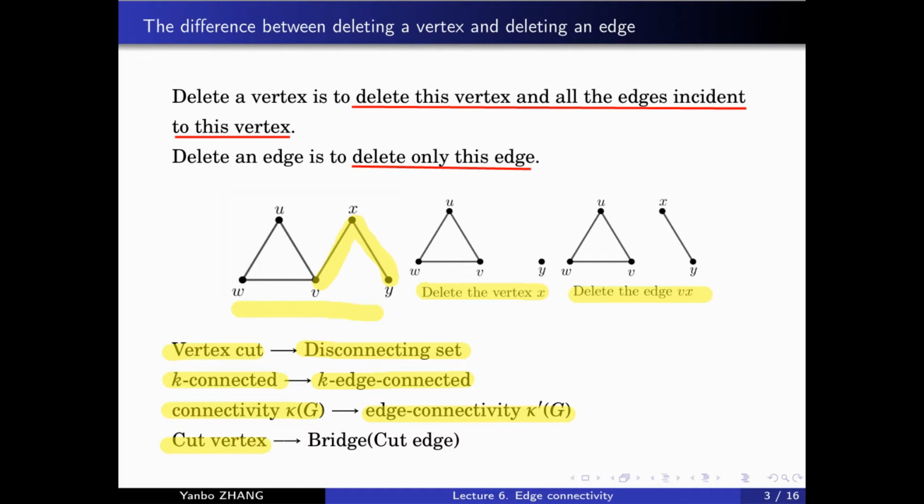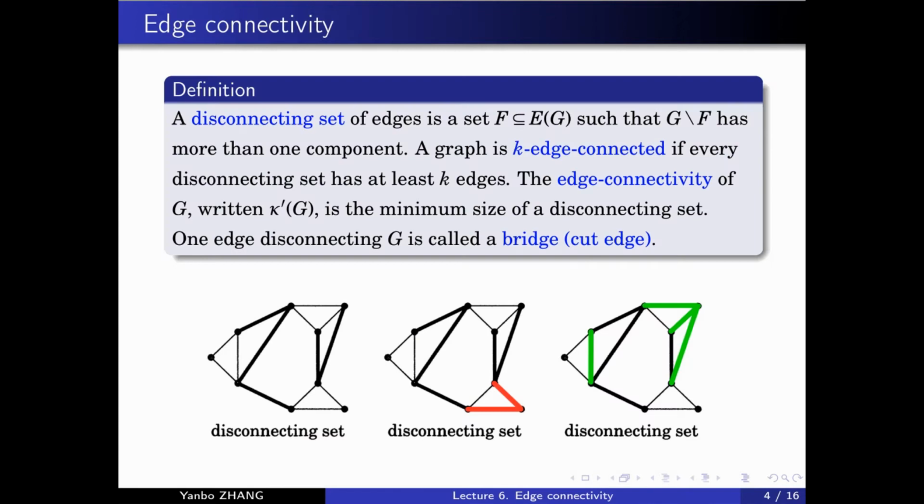The corresponding definition is a bridge. A bridge sometimes is called a cut edge. A bridge is an edge which can disconnect graph G.